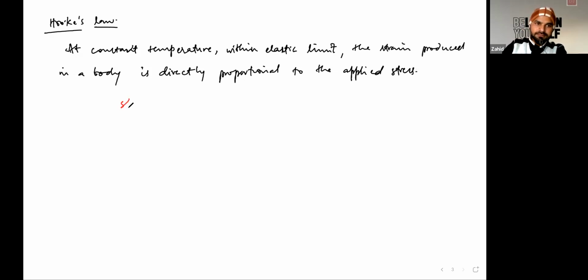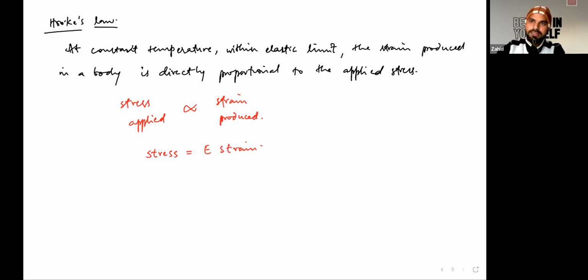Means stress applied to a particular substance is directly proportional to strain produced or strain developed. So if you replace this proportionality sign, there should be some constant of proportionality. So it will be stress equals E times strain. This E is the constant of proportionality, which is also called modulus of elasticity.